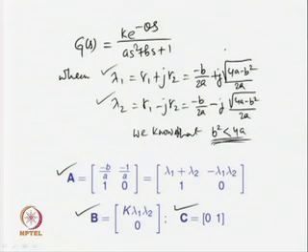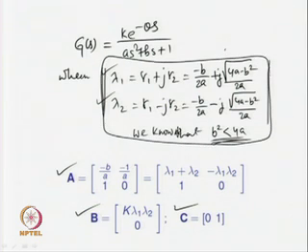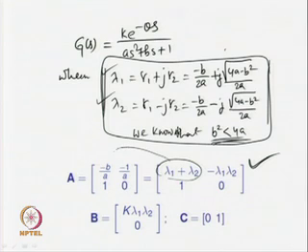Only when lambdas and gammas take this form, then a, b and c can be expressed in these forms. That is very important. Further, a can be written in terms of the parameters of the dynamic model as lambda 1 plus lambda 2 equal to minus b by a, and lambda 1 lambda 2 equal to 1 upon a.